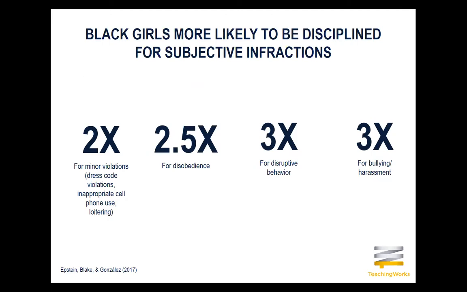So what does that mean? Well, they're 2 times more likely for minor violations. So these are things like being singled out for dress code violations, inappropriate cell phone use, loitering, those kinds of things. 2.5 times more likely to be singled out for disobedient behavior, 3 times more likely for being called on by the teacher for disruptive behavior, and 3 times more likely for bullying or harassment than their white counterparts.